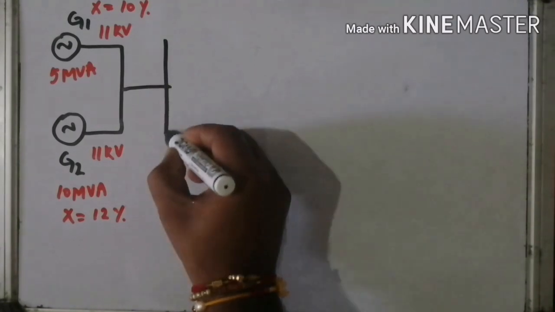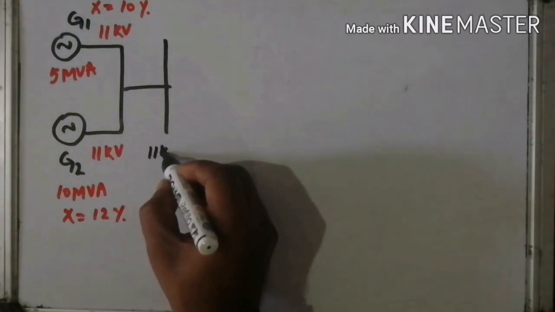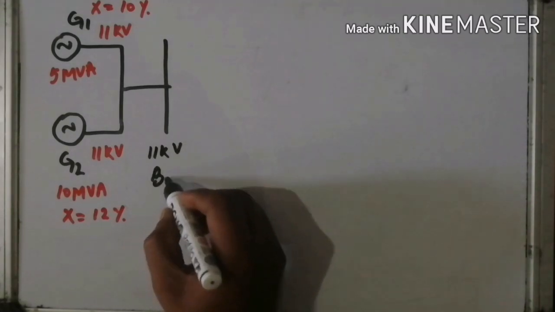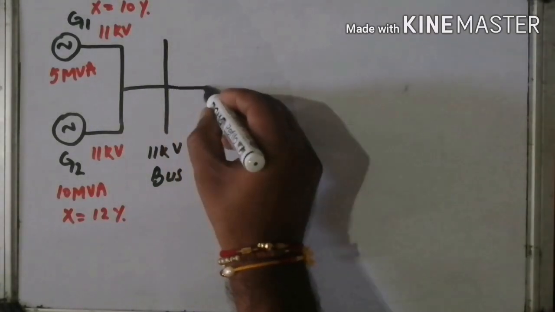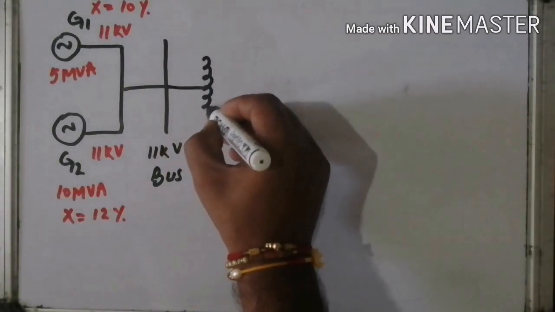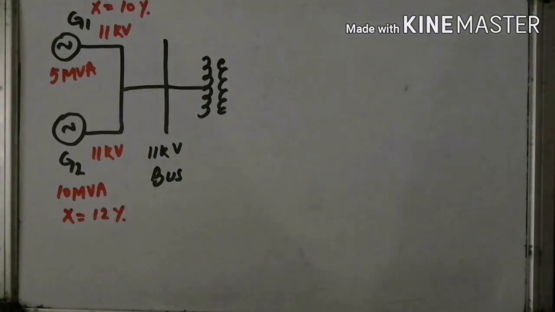Now this one is the bus bar, having rating 11 kV. Then this one is the transformer number T1.